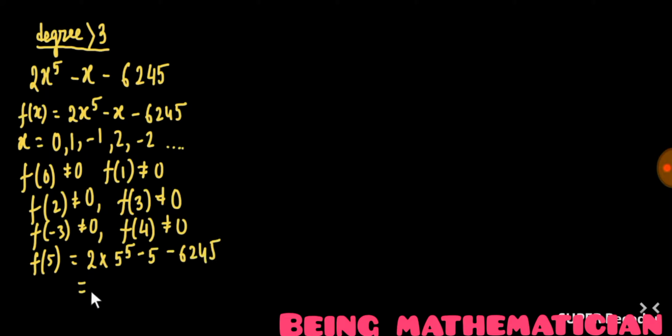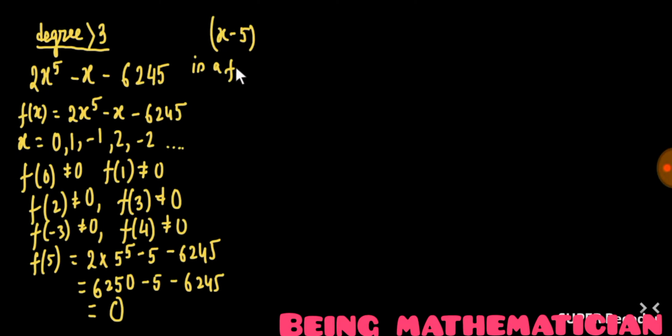So it will be 6250 minus 5 minus 6245. So it will be 0. So x minus 5 is a factor of polynomial f(x).